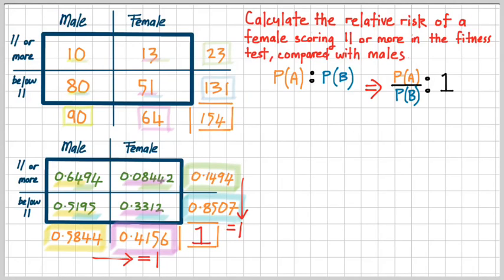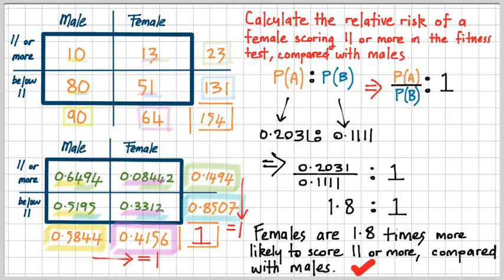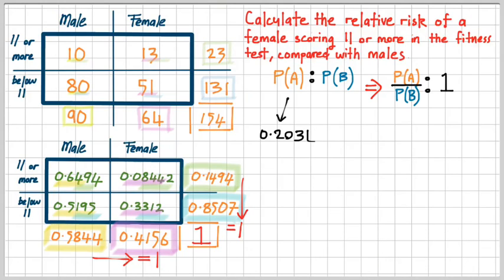Alright, so there's our magic ratio. And what we're going to do with that is replace probability of A and probability of B, so two probabilities, with the numbers that we found in the last slide. So probability of A is 0.2031 and probability of B is 0.1111.